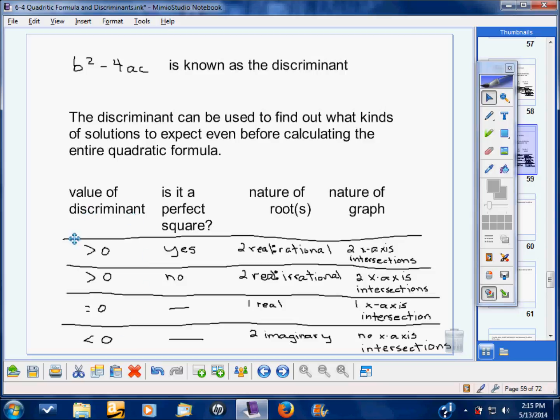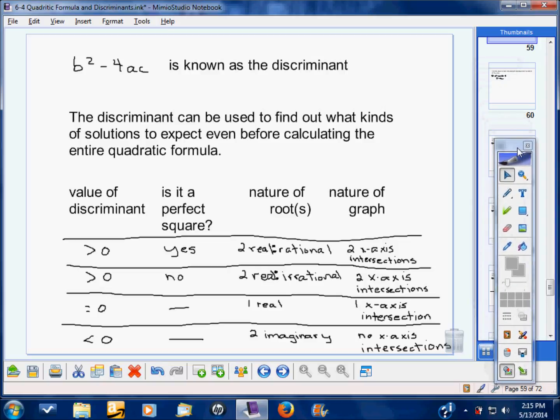So the value of the discriminant tells you what to expect from your answers. If you find yourself not sure if you're going to get an i or not, examine the discriminant. That's going to answer a lot of your questions as far as what you're expecting.